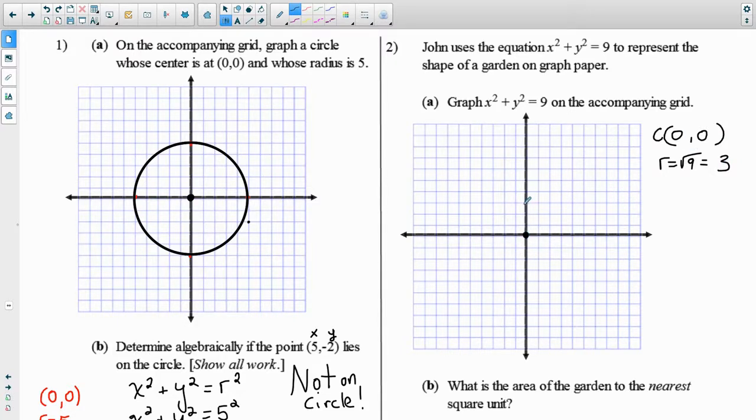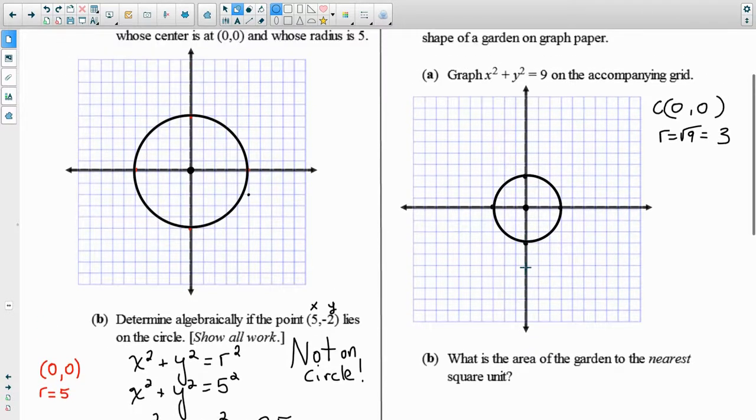I'm going to go up 3, down 3, left 3, right 3, and then I'm just going to draw my circle. And there you have it. That is the equation x squared plus y squared equals 9.